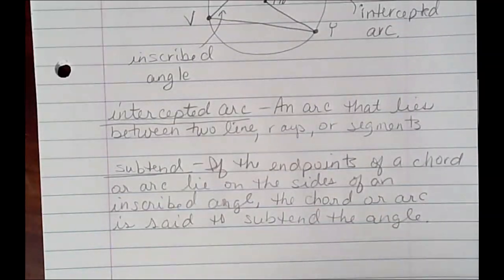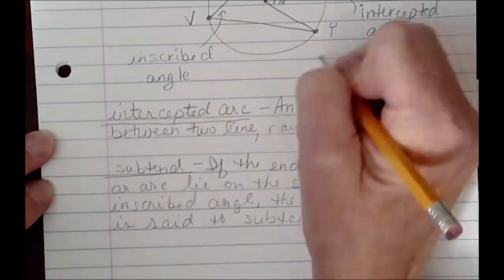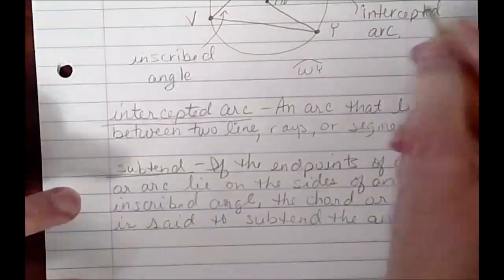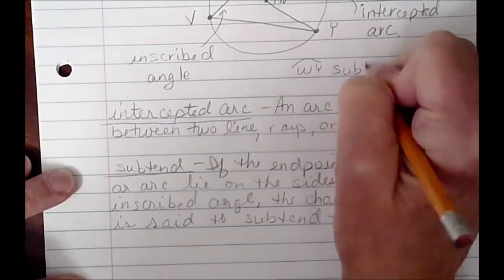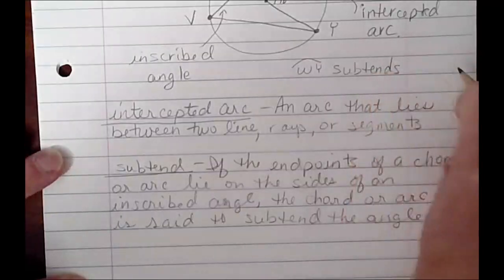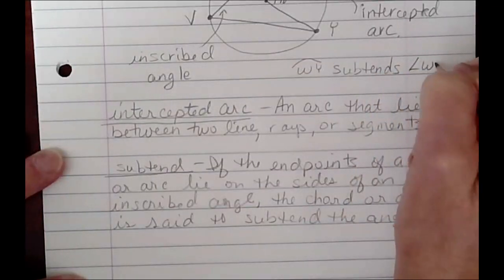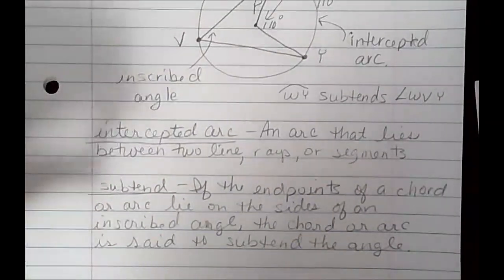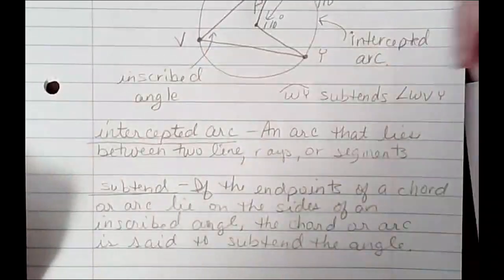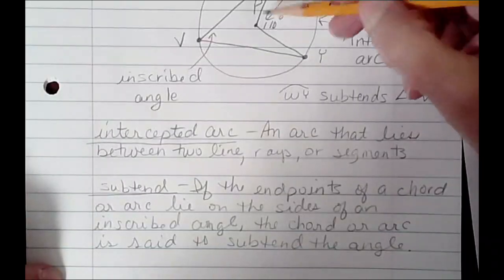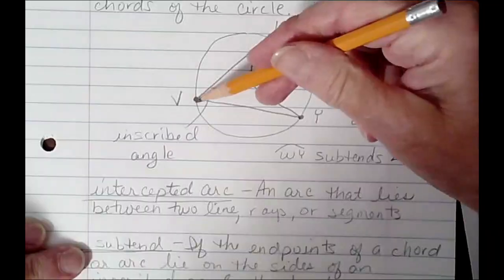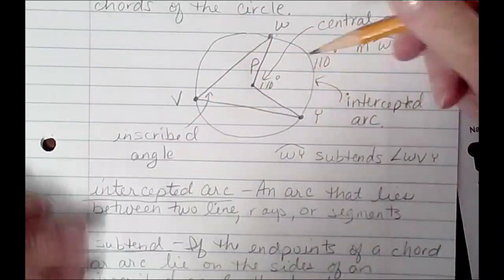Subtend is a verb, right? So arc WY subtends angle WVY. The arc subtends an inscribed angle. It does not subtend angle WPY because angle WPY is a central angle. It's going to subtend that inscribed angle.